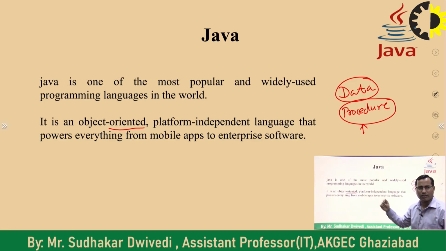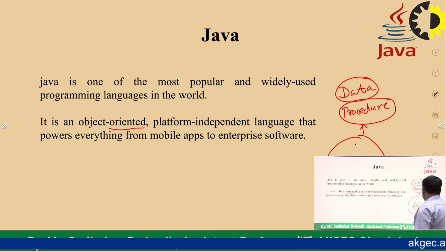So what is an object actually? The object means the data and the associated methods or procedures that process this particular data are bound into a single unit. If I am talking about the object, there is data, and all the methods that can process this data are bound with this unit.